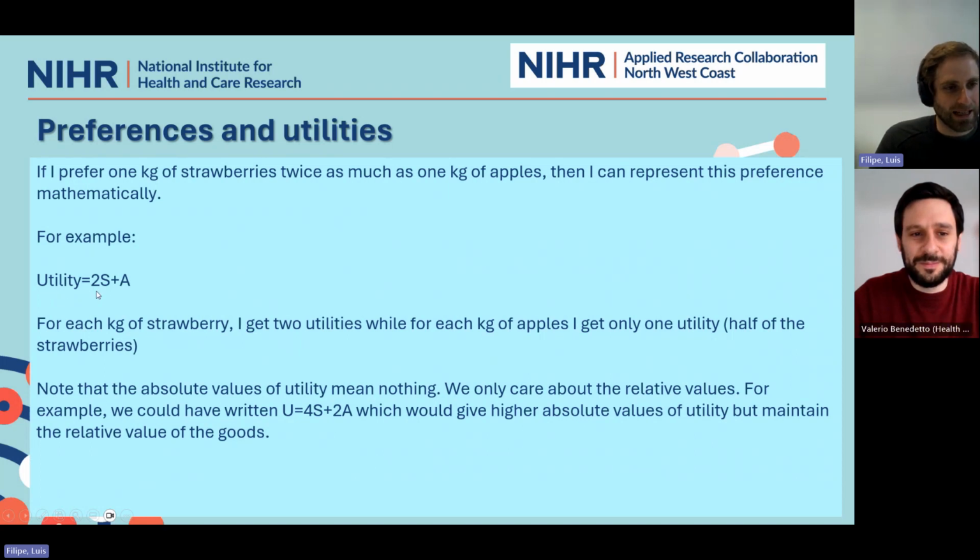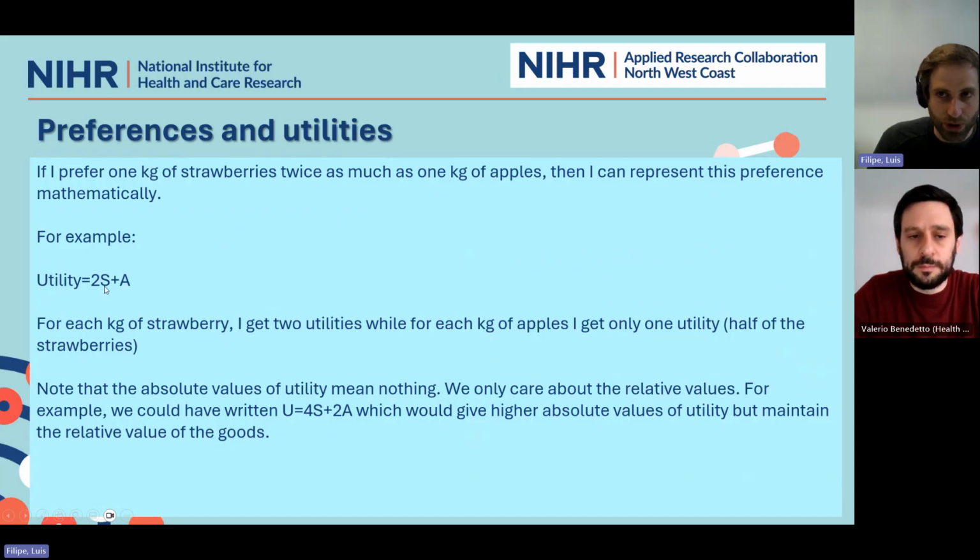So in this case, I'm writing mathematically my preference for strawberries and apples. What I'm saying is that my utility, and look, utility is satisfaction. My utility, I gain twice as much utility, so 2 times strawberries, twice as much utility from strawberries than I get from apples. I'm literally quantifying it.